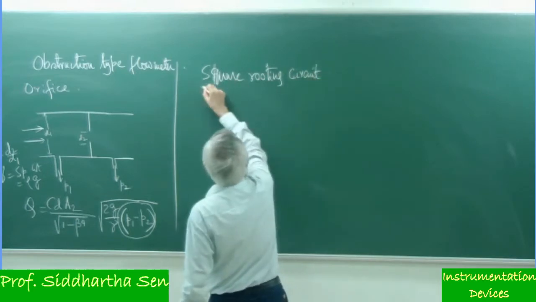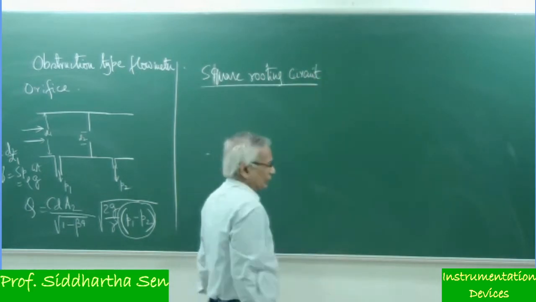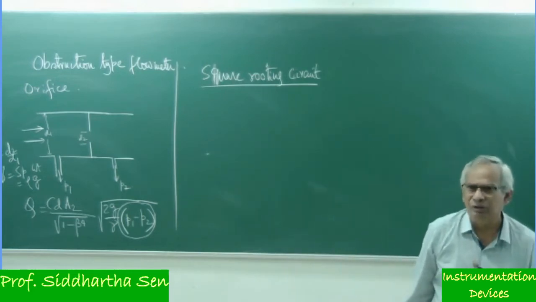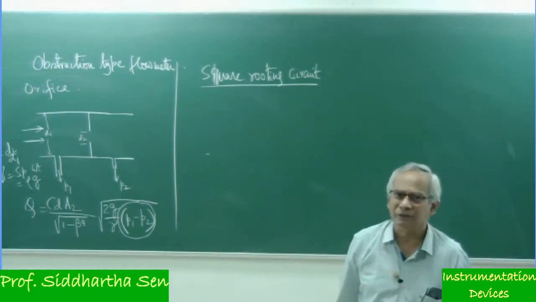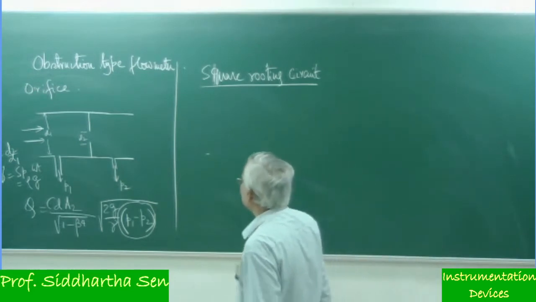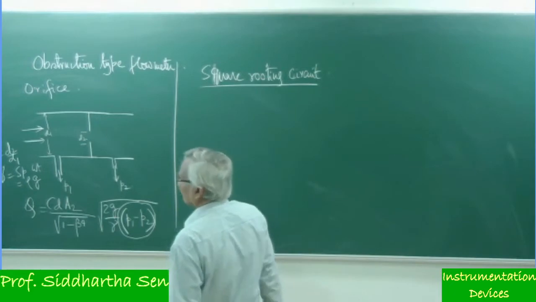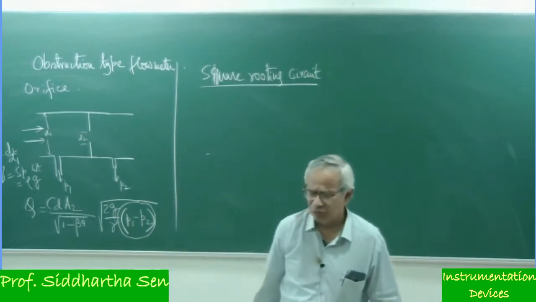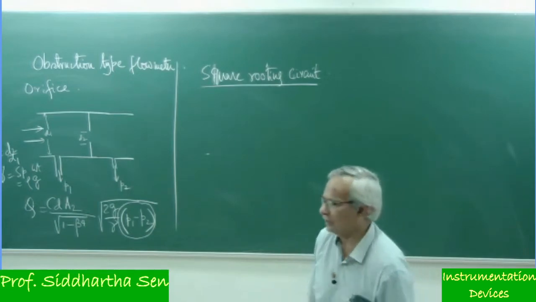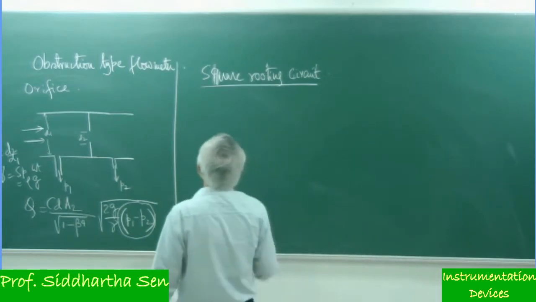There are many ways we can build the square rooting circuit, but I will tell you one way, which is a popular method. Actually, there are certain ICs available for this. These ICs are not only for square rooting, actually they are more general. If you look at it, there are two types of IC.